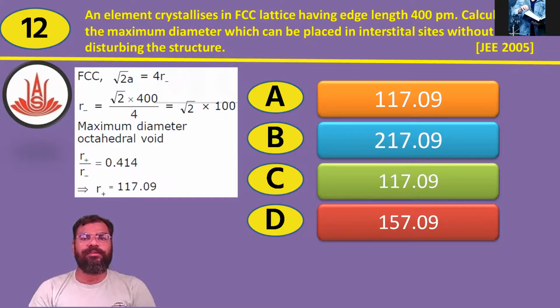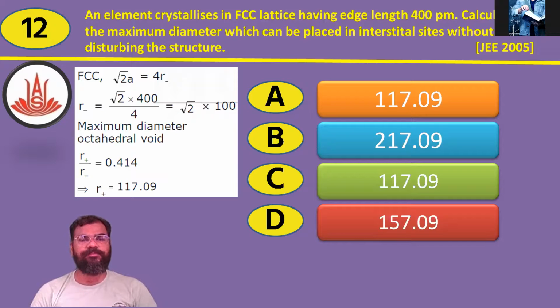So the FCC structure is there. Root 2 into a is equal to 4r. So r minus is equal to root 2 into the value of a they have given, 400, upon 4. So root 2 into 100. For the maximum diameter in the octahedral void, r plus upon r minus is equal to 0.414.